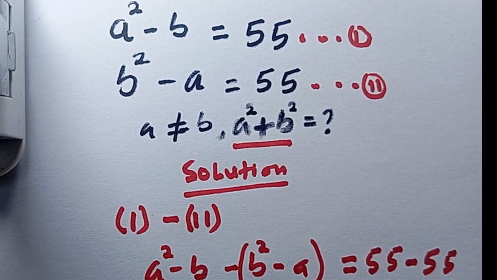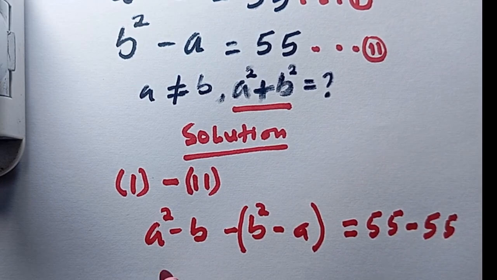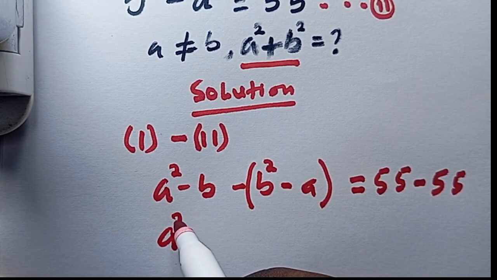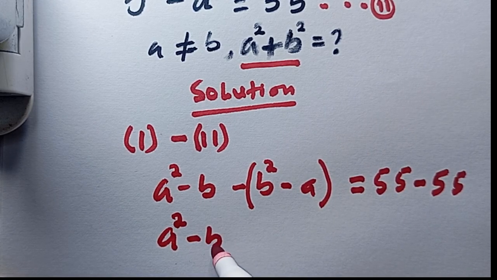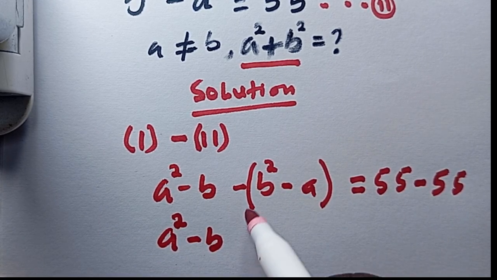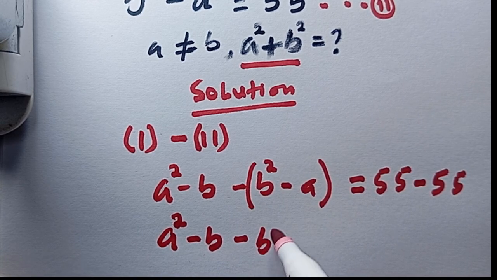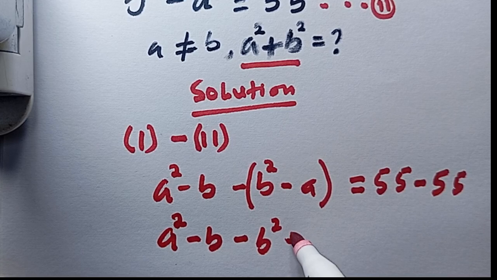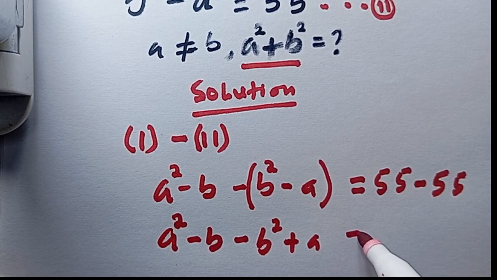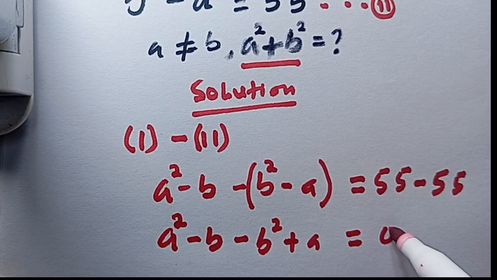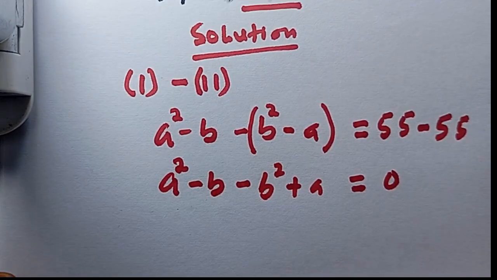Okay, so if I proceed from there, here this is a squared minus b, so I'm going to open this bracket, so I'm going to be having minus b squared, and then plus a, okay, is equal to, so this obviously will give us 0.